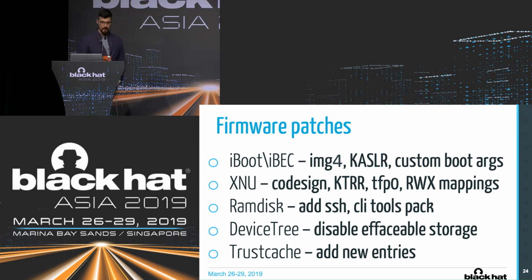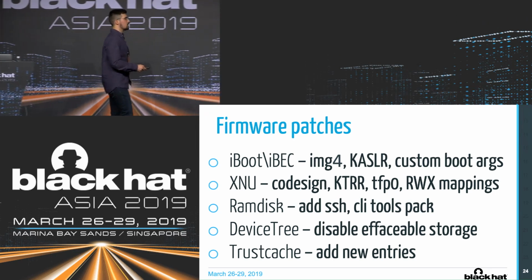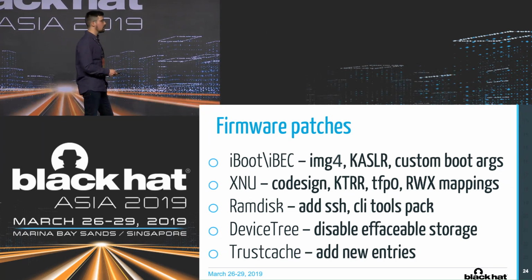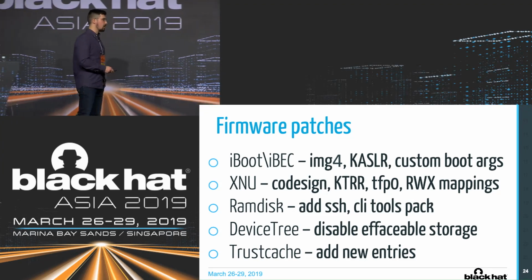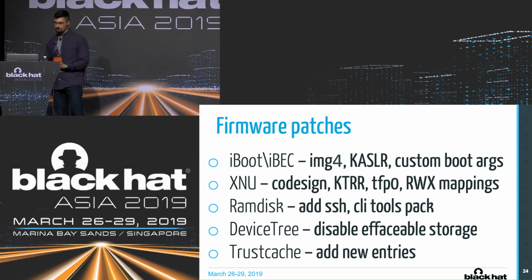For the device tree, again, it's not really a required patch, but it's nice to have if we want to boot the second file system with the second iOS system with UI. We need to disable the effaceable storage. And finally, the trust cache is one of the alternative ways of disabling code signing. We can just add new entries to the trust cache.